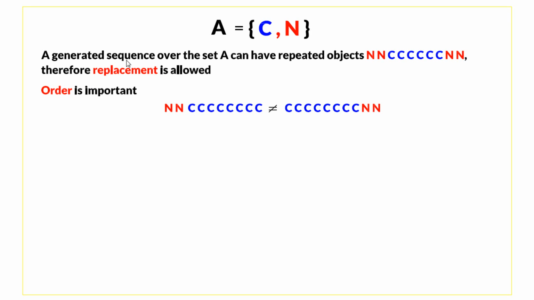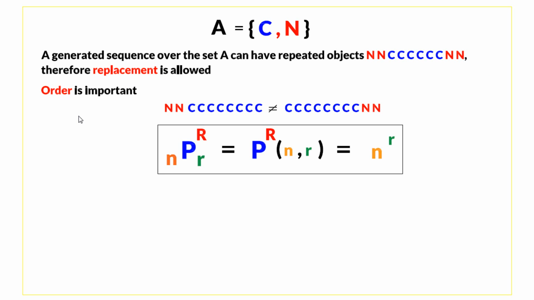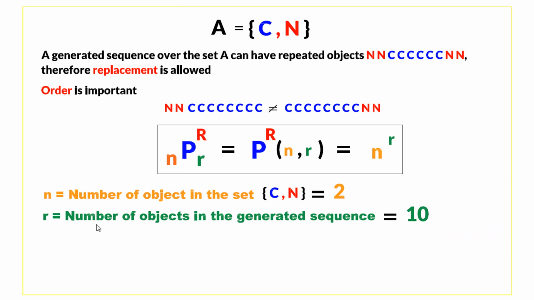So we have 2 conditions: replacement is allowed and order is important, and we can apply the formula of permutation with replacement for n objects taken r at a time. n is the number of objects in the set, which is 2, either C or N, and r is the number of objects in the generated sequence, or the sampling size, which is 10.